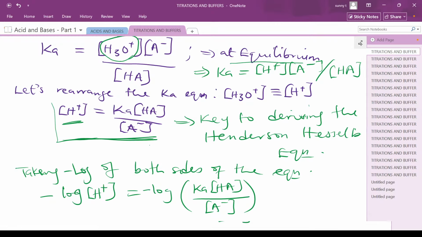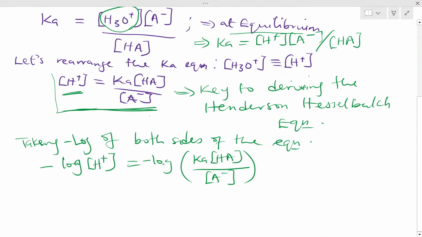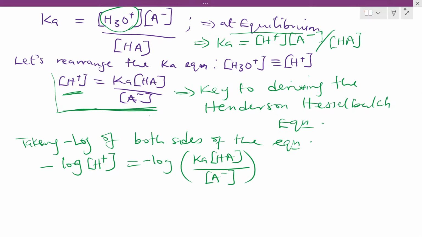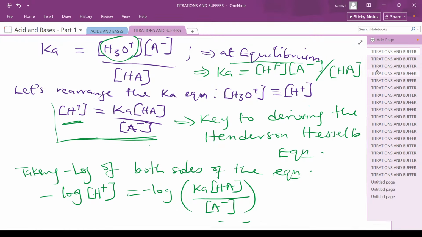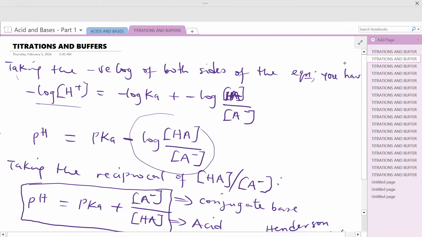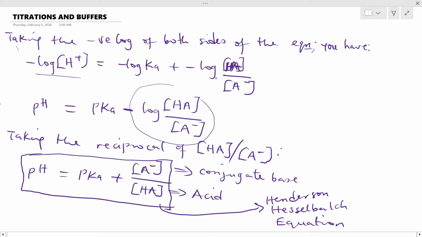You simply expanded what you have right here. So you expand this minus log to multiply both the denominator and the numerator. And when you do that, what you have is this. So if you apply the laws of logarithm, you have minus log H plus, minus log Ka, plus minus log HA over what? A minus concentration.